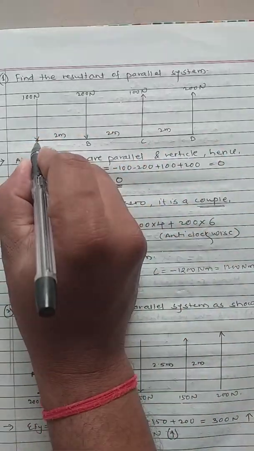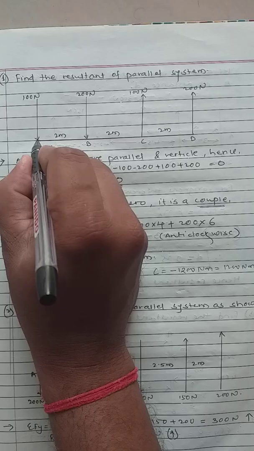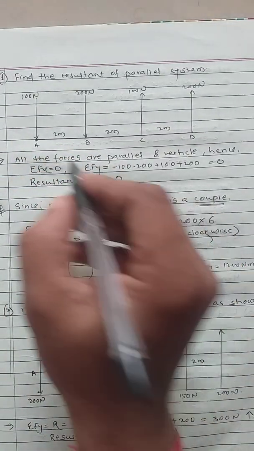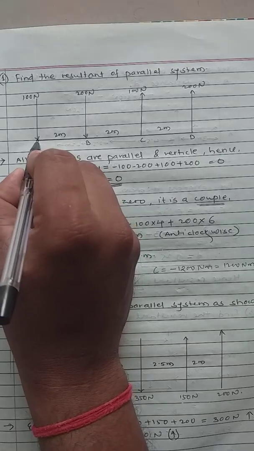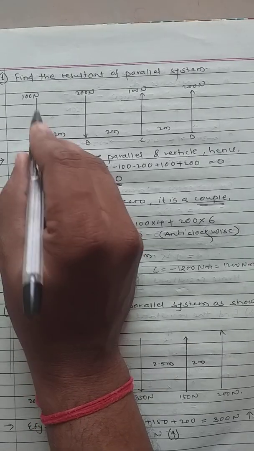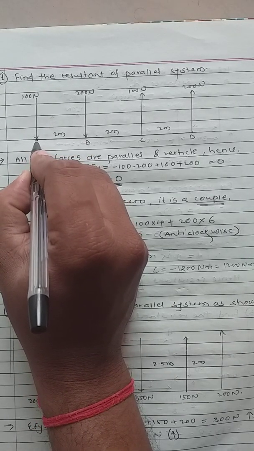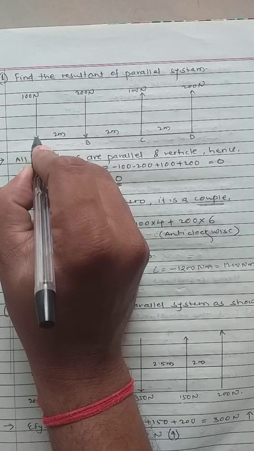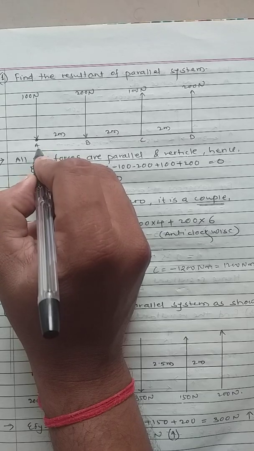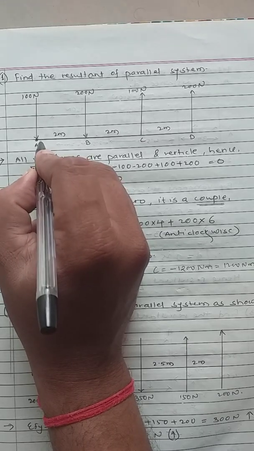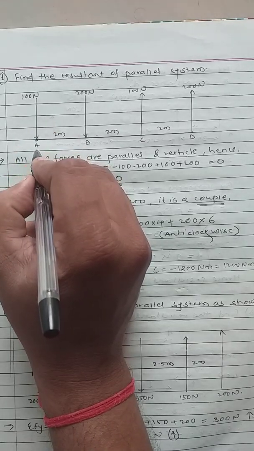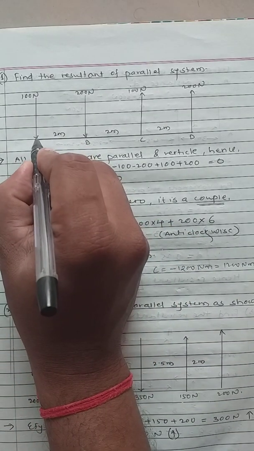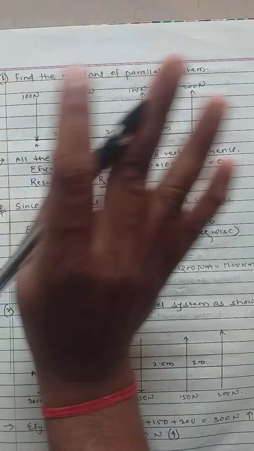I have taken the moment at point A. The force acting at point A is 100, but its perpendicular distance from point A is 0. So 100 into 0 will be 0, because moment is force into perpendicular distance. 100 Newton is exactly acting at point A, so 100 into perpendicular distance will be 0.